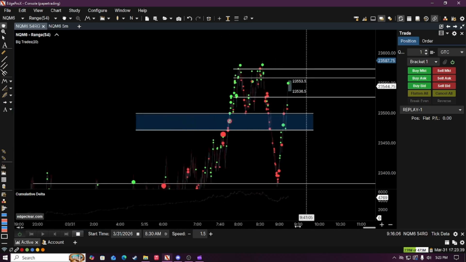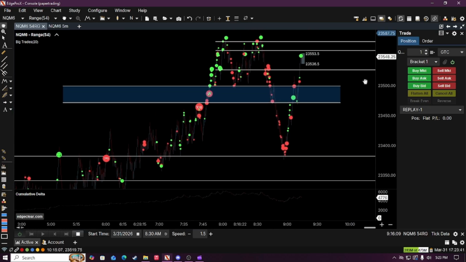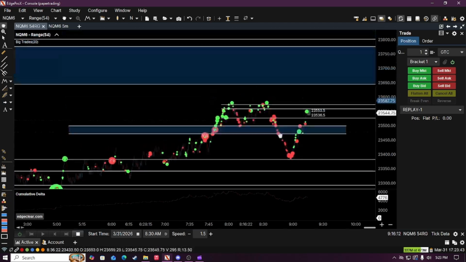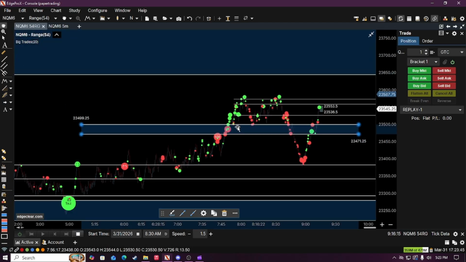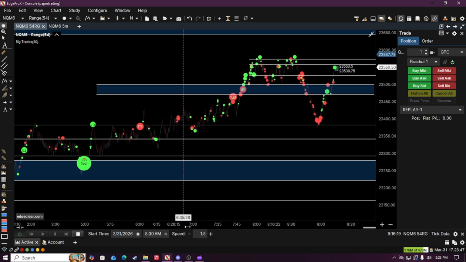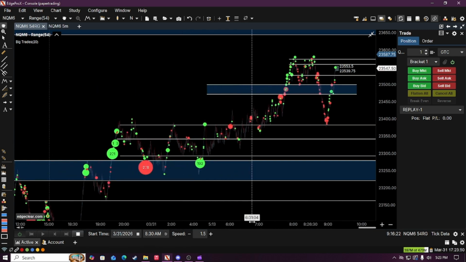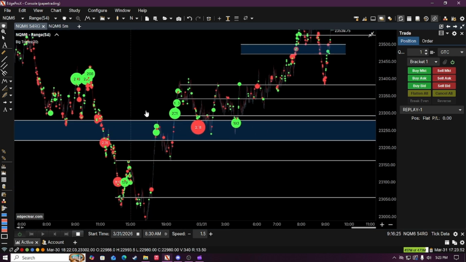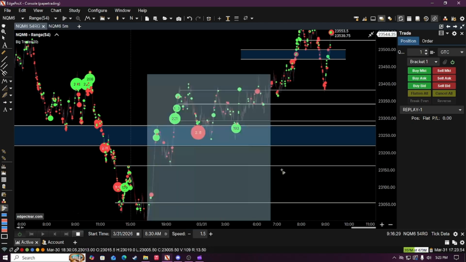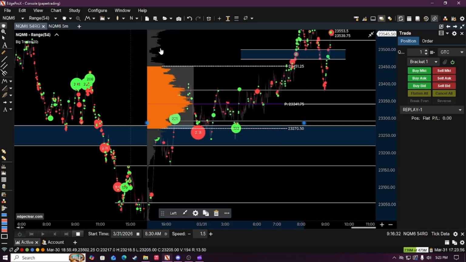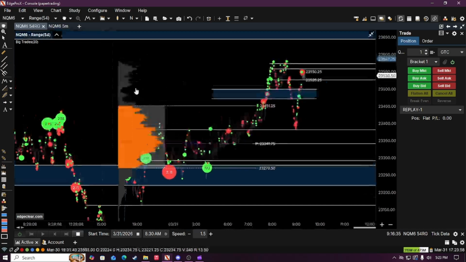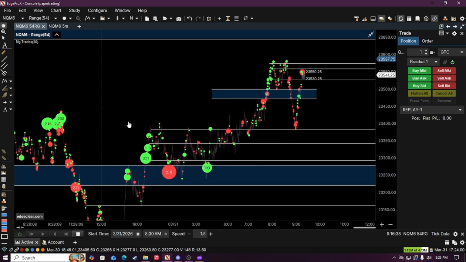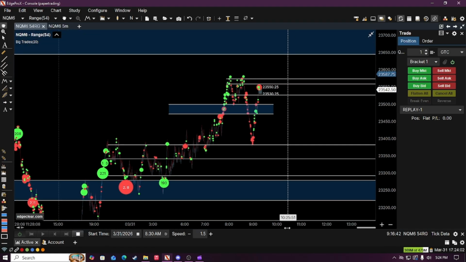So how am I going to trade this consolidation again? Remember, we check quickly the dealing range. Let me see here. My dealing range. There you go. Our low volume node. It is also on the low volume area. That's a plus.